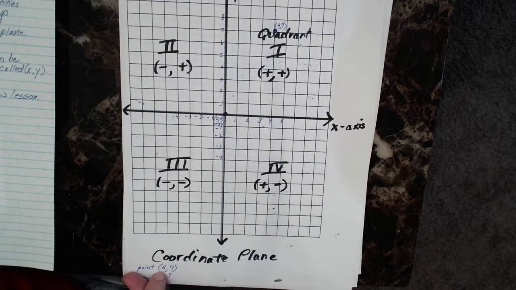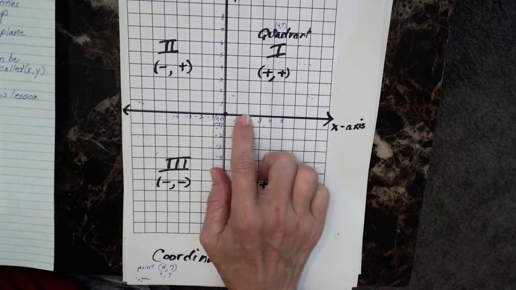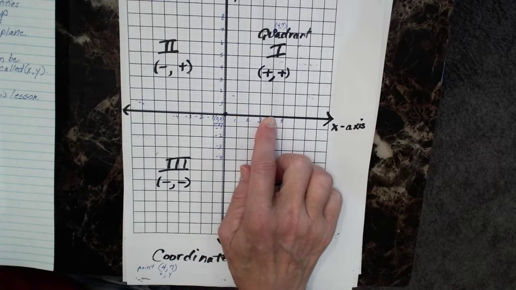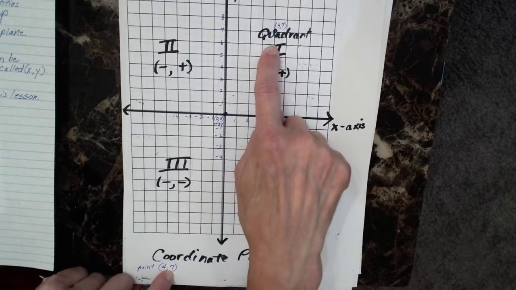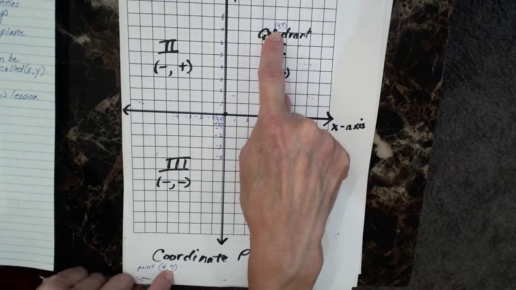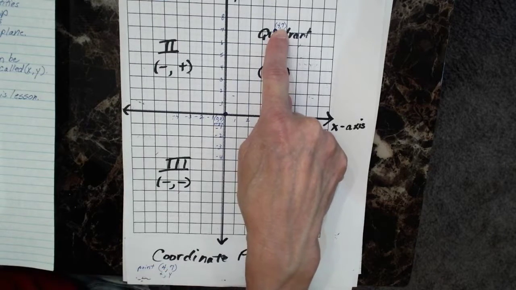For example, if you have an x value of 4 and a y value of 7, you're going to start at the origin. You're going to count over 1, 2, 3, 4, because x direction is horizontal. And then you're going to move up 7. 1, 2, 3, 4, 5, 6, 7. And you're going to make a little circle, which is your point. And then you're going to label it 4, 7.